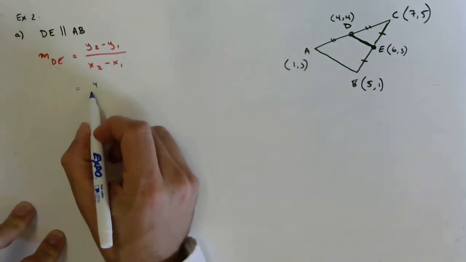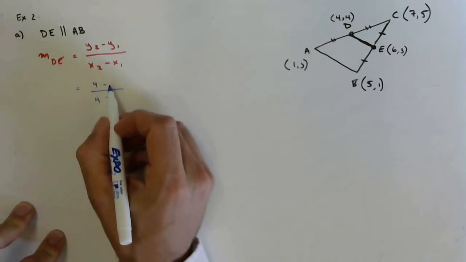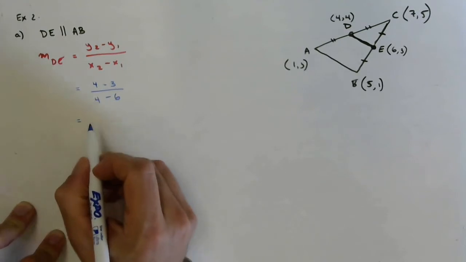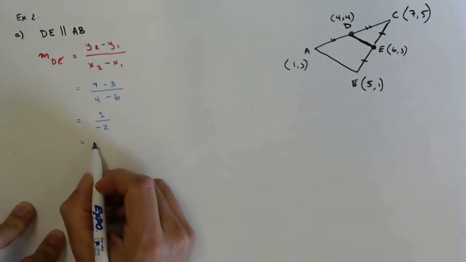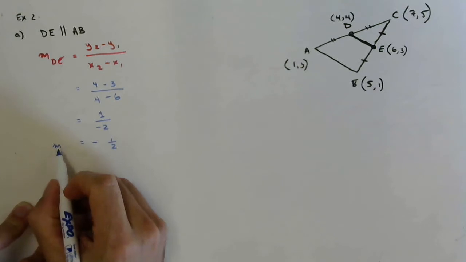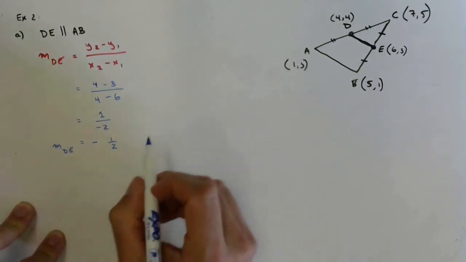I've got 4 minus 3 and 4 minus 6. That's 1 over -2, which is negative 1/2. Okay, the slope of DE, I'm going to make sure I have a good note. This is clearly going to be the slope of DE.